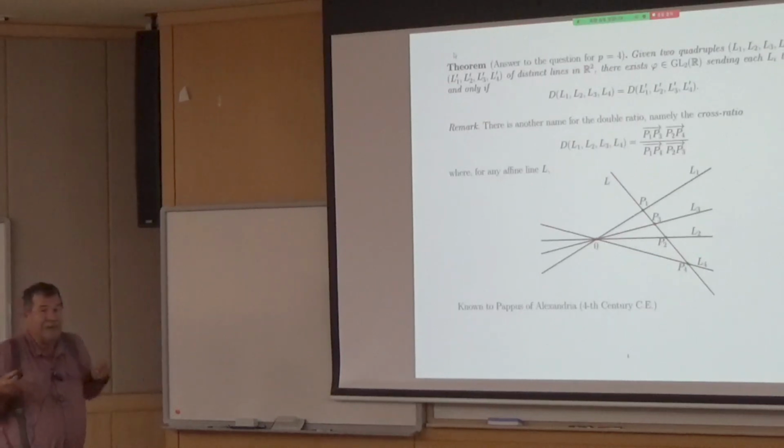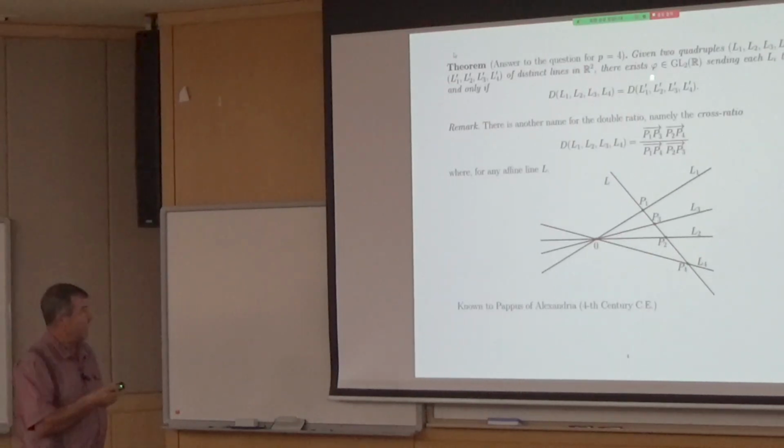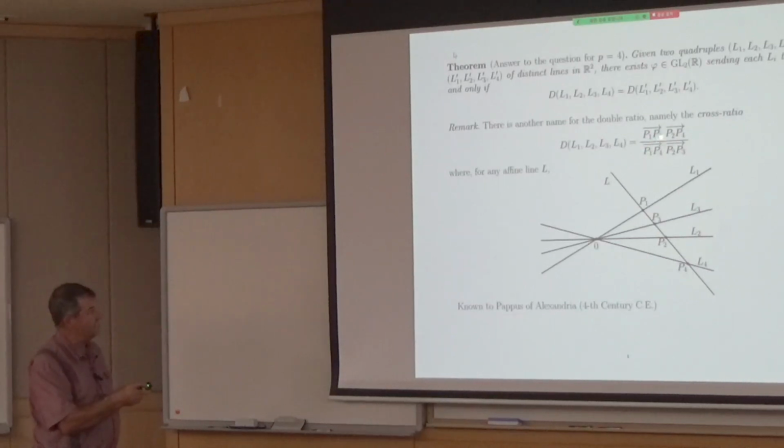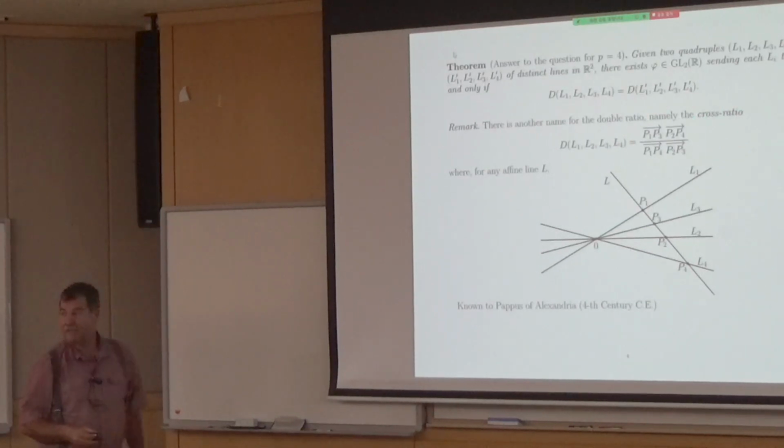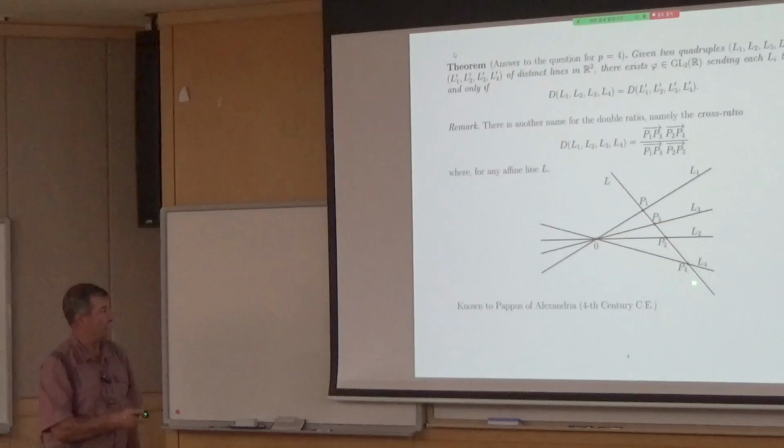And then you do a little bit of linear algebra, and you find that the double ratio is also the ratio between these vectors. See, all these vectors here are in the same line, so you can evaluate the ratios. And when you evaluate the ratio, you find it's equal to that determinant. And here, there is a famous name for that. That's the cross ratio of these 4 points here.